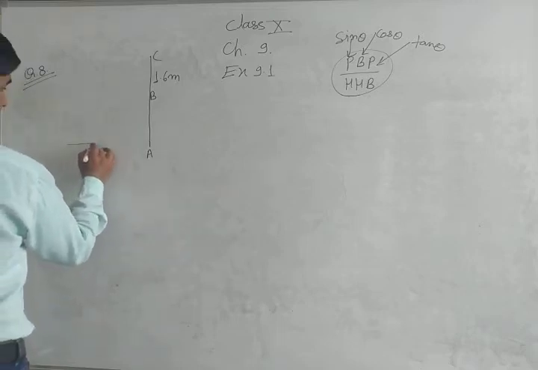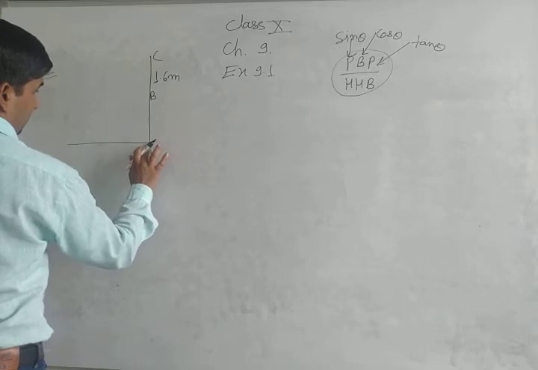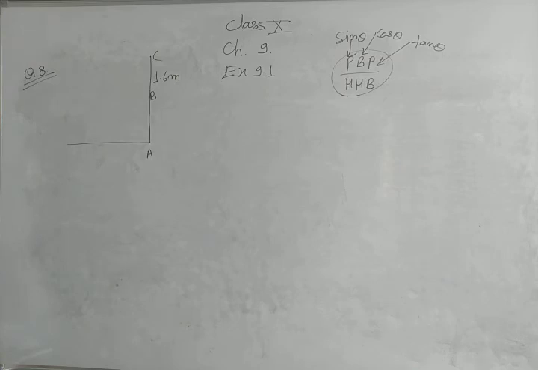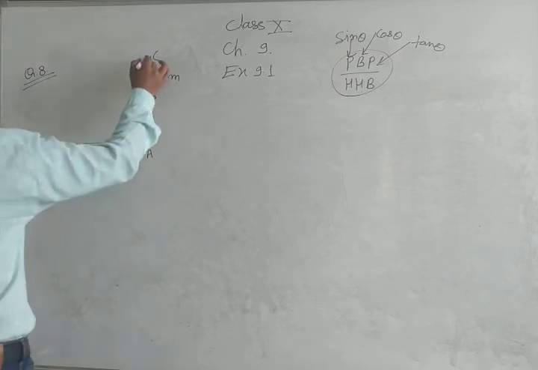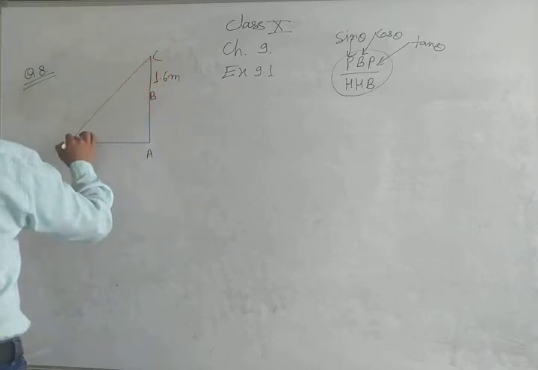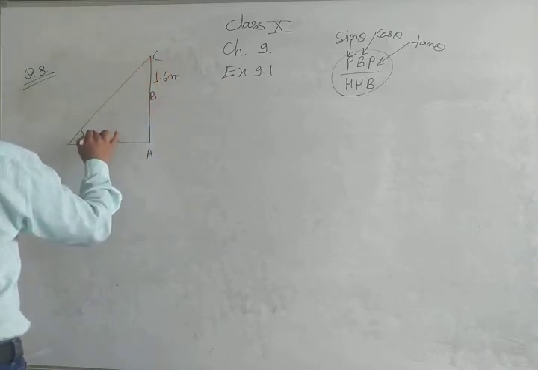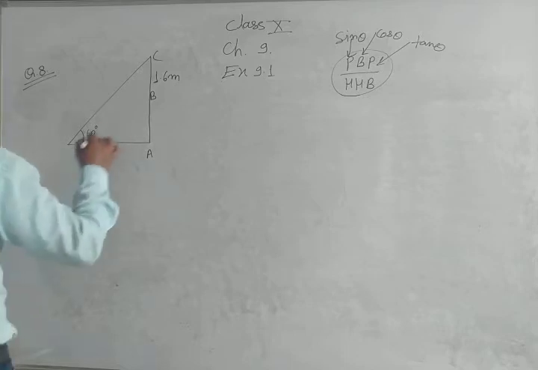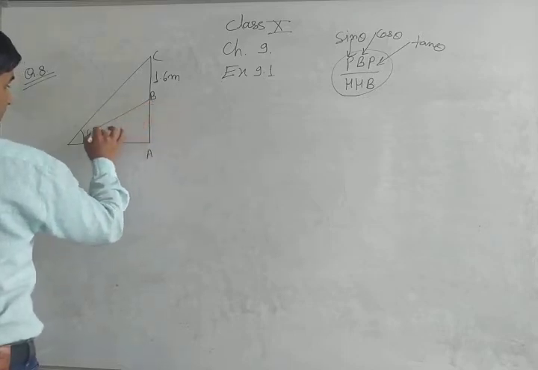Here this one is the ground. The angle of elevation of the top of the statue is 60 degree, and from the same point the angle of elevation of the top of the pedestal is 45 degree.